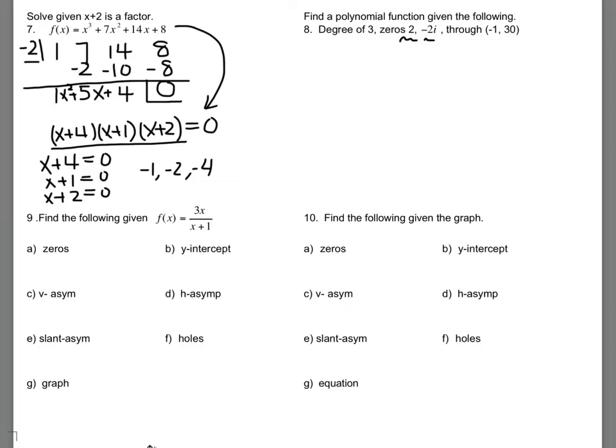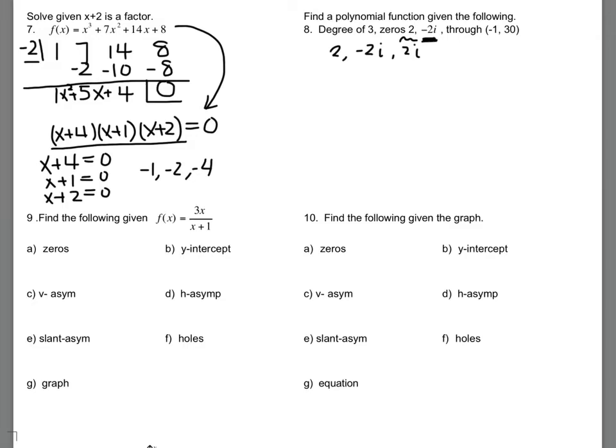Because of this -2i, we have to use the complex conjugate root theorem. If -2i is a root, then you should automatically add positive 2i as a root of this given function. So don't forget that part.